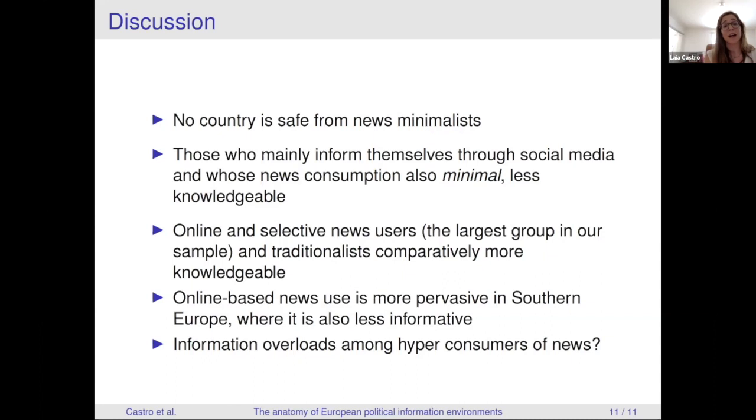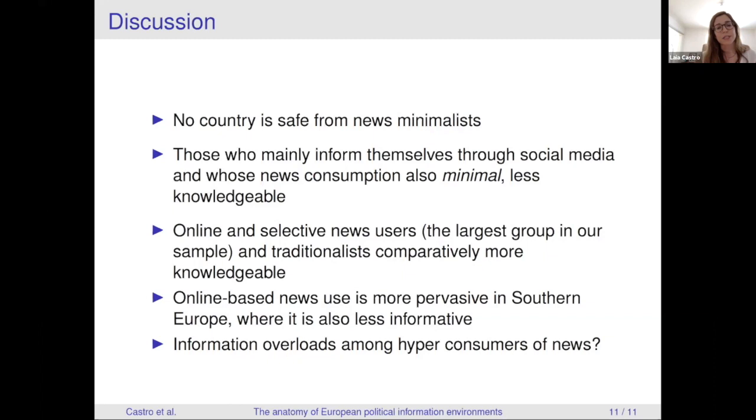We nevertheless found that there's an online-based news profile that is positively linked to political knowledge and gathers most of the sample, and also traditionalists, that is people who use traditional media for news, tend to be more knowledgeable.